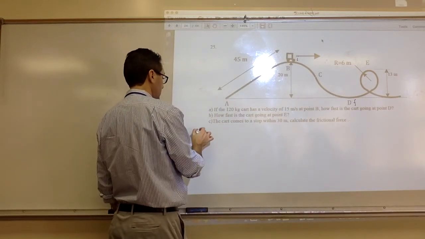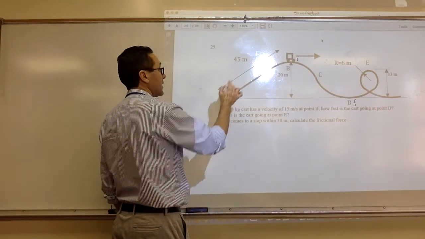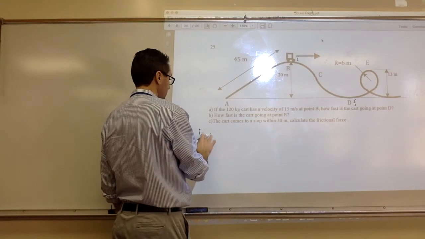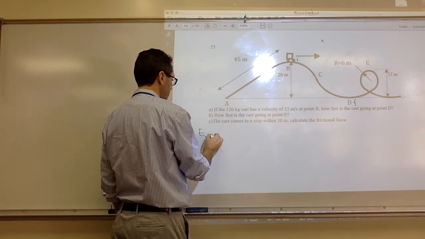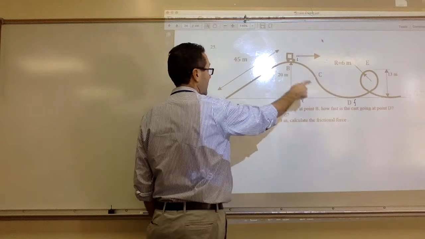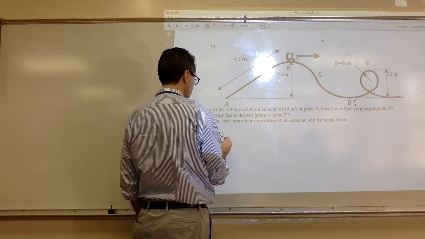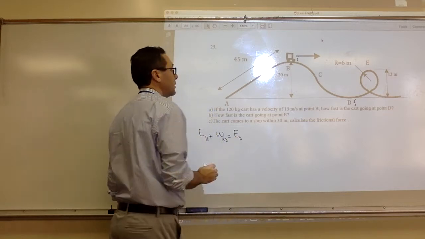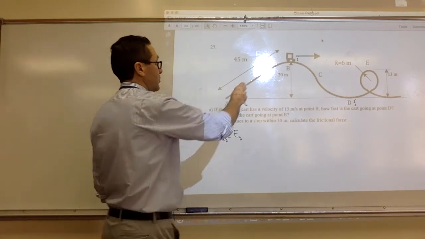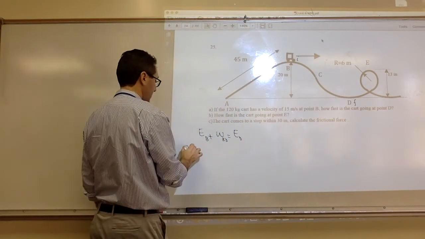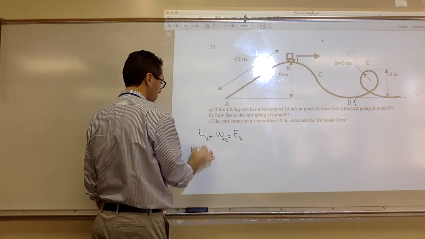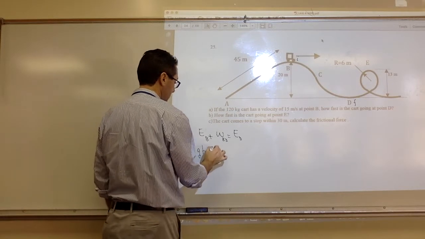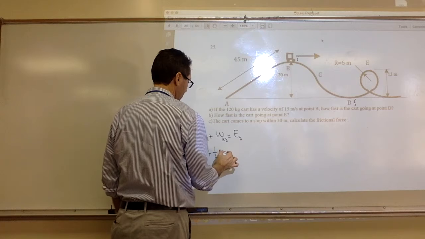So the energy at B, so I'm going to call that energy at B, plus any work done between B and D, equals energy at D. Now at point B, you have mgh, you have gravitational potential energy, and you have kinetic energy.